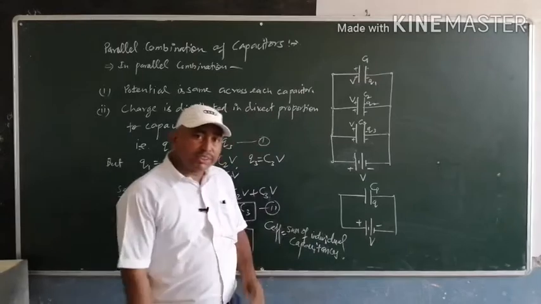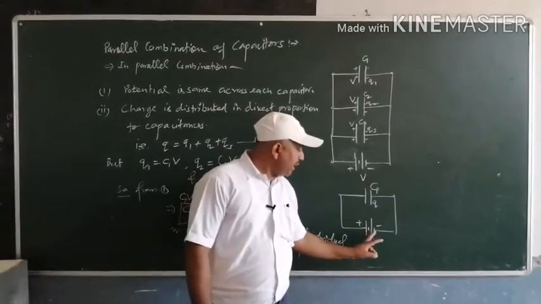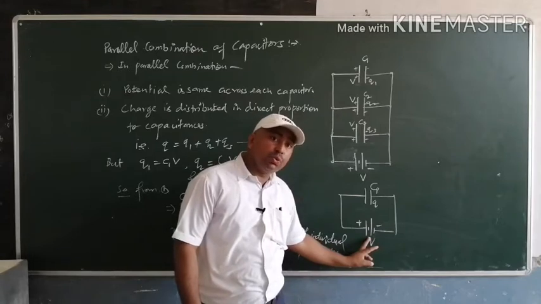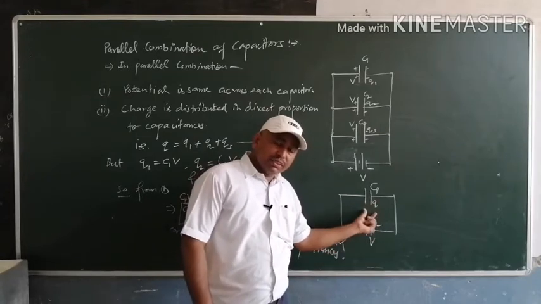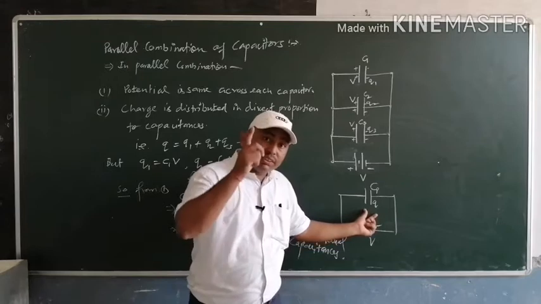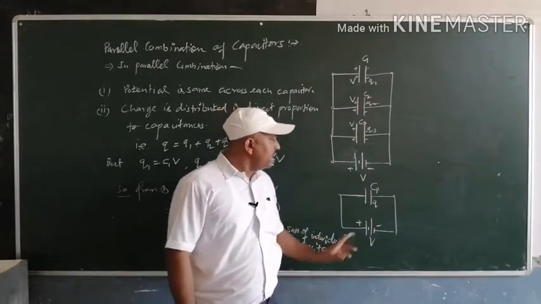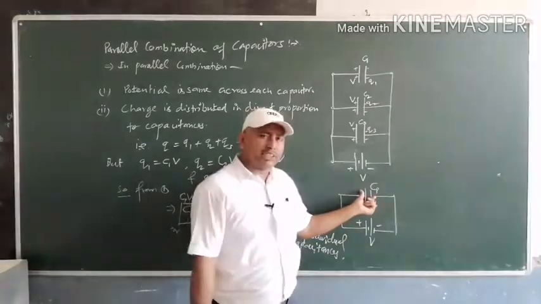If this capacitor is connected with a battery of potential V, and the charge stored in it is equal to the total charge stored in each capacitor, then this capacitor is known as the effective capacitance of the capacitors.